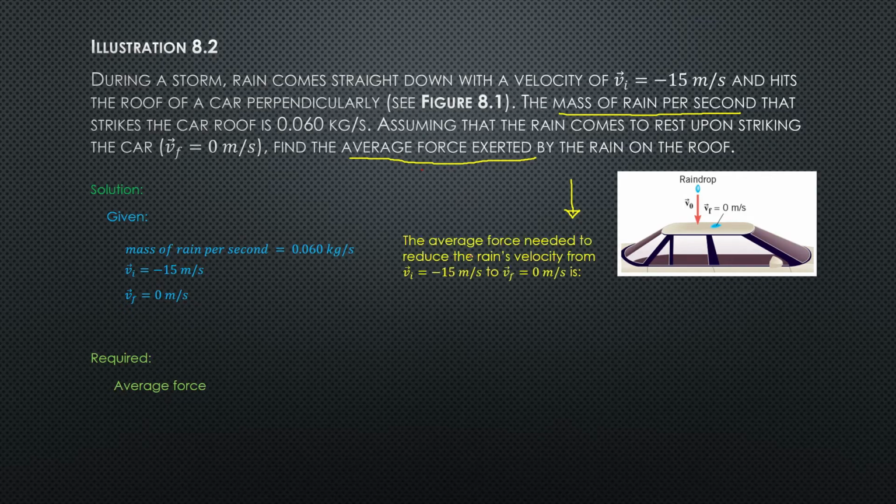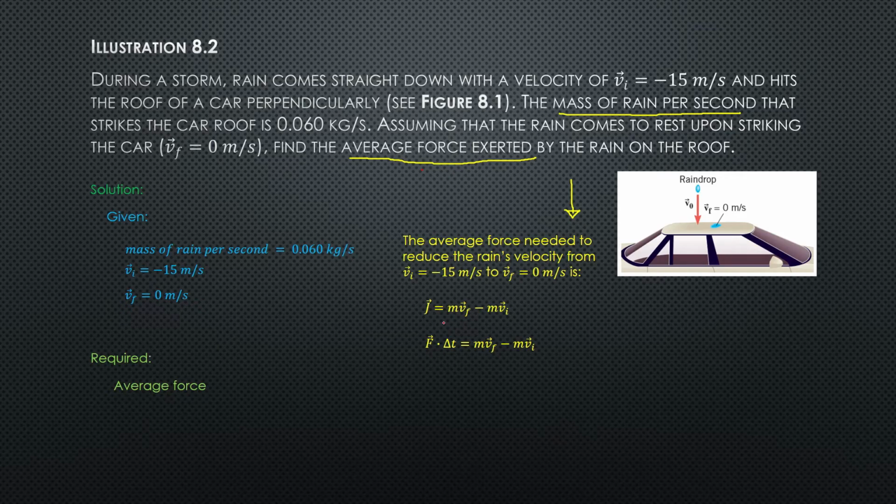So the average force needed to reduce the rain's velocity from the initial velocity of negative 15 meters per second to its final velocity, or at rest 0, is given by the impulse and momentum theorem. That is, impulse is equivalent to change in momentum.